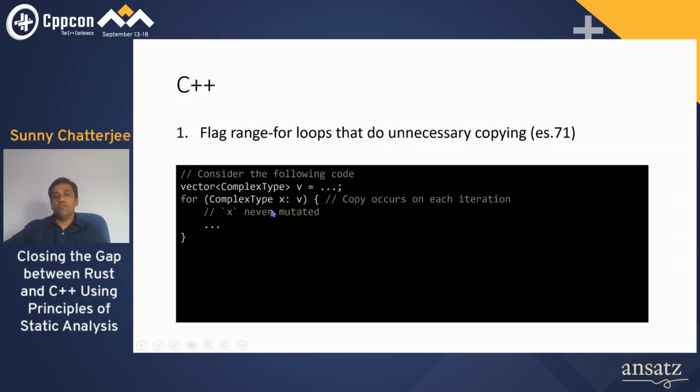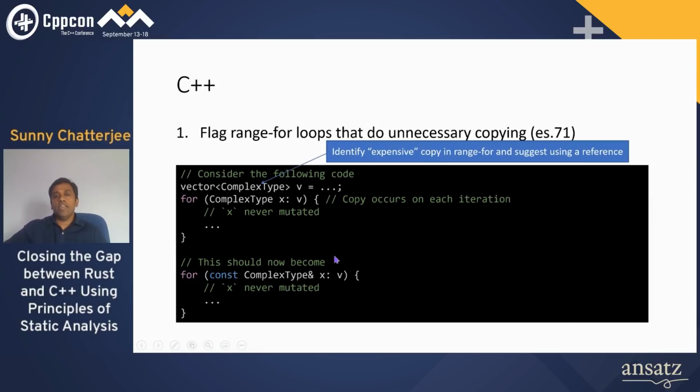However, inside the body of the loop, you're not mutating X. It's never written into. So what we really want this code to look like is something like below, where we change this X to be a const ref because it's never mutated, and there's no reason why we should be doing that expensive copy.